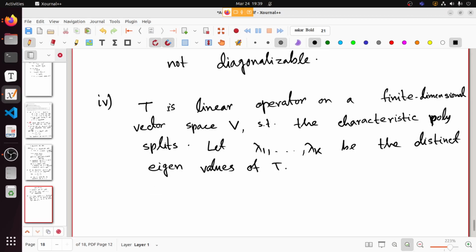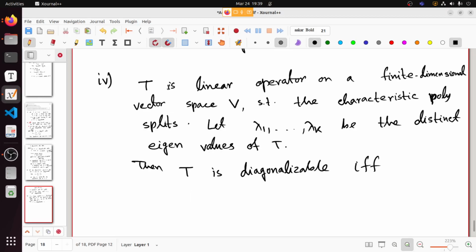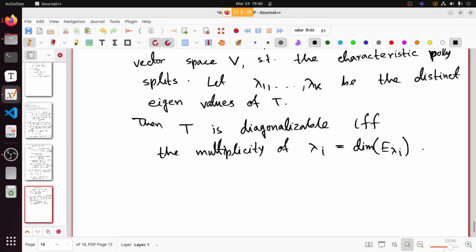Then T is diagonalizable if and only if the multiplicity of lambda i is equal to the dimension of the eigenspace E lambda i, right? So let's prove this.